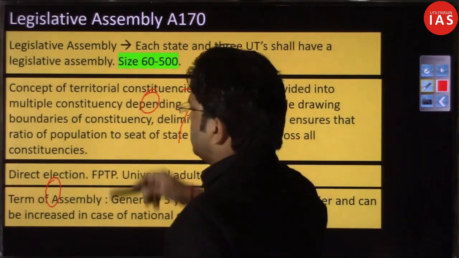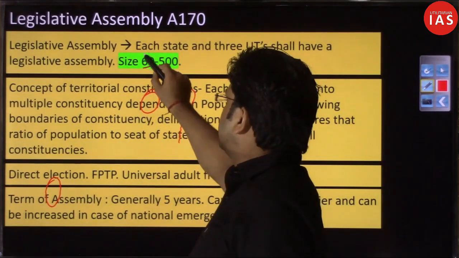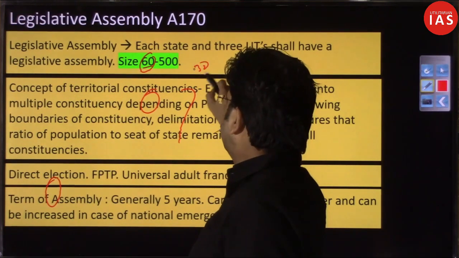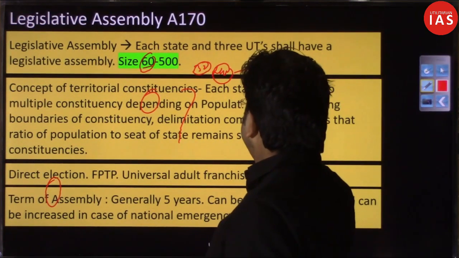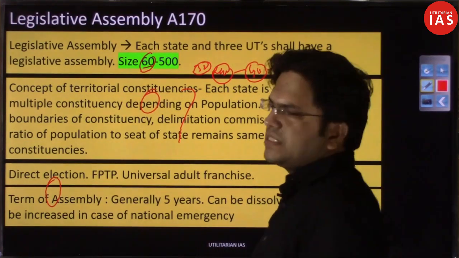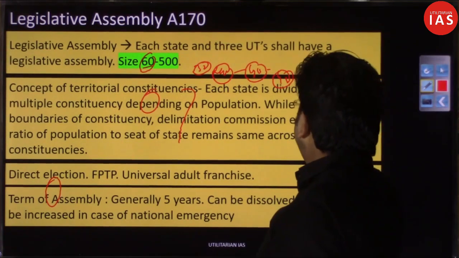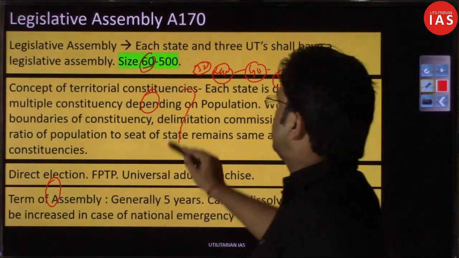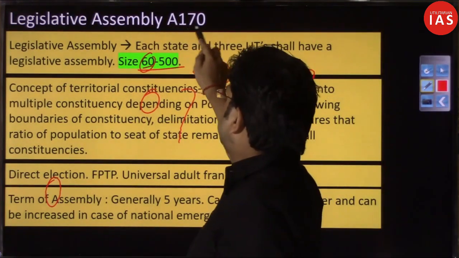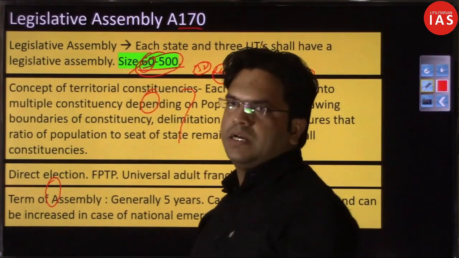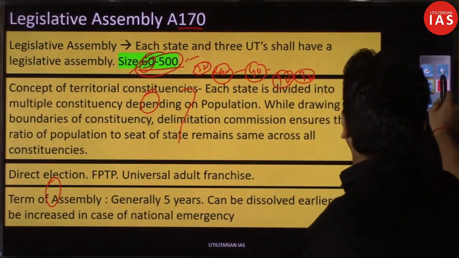Because of the smaller population these 5 states have, their size for some is 40. There are 3 states out of those 5 which have 40, then 46, and one has 32 as well. So this is the normal guideline mentioned in Article 170, but these 5 states do not follow that rule.